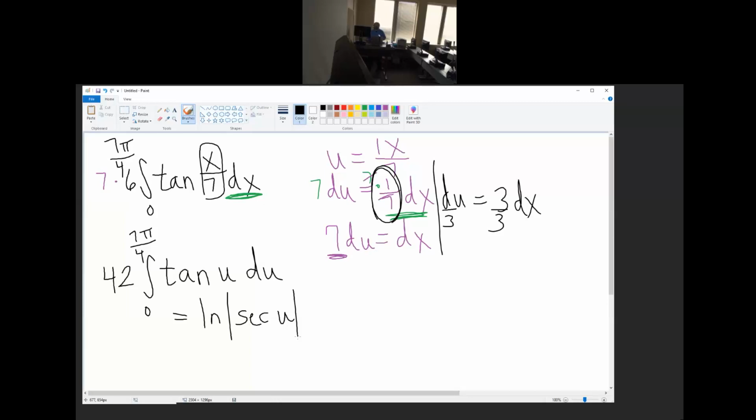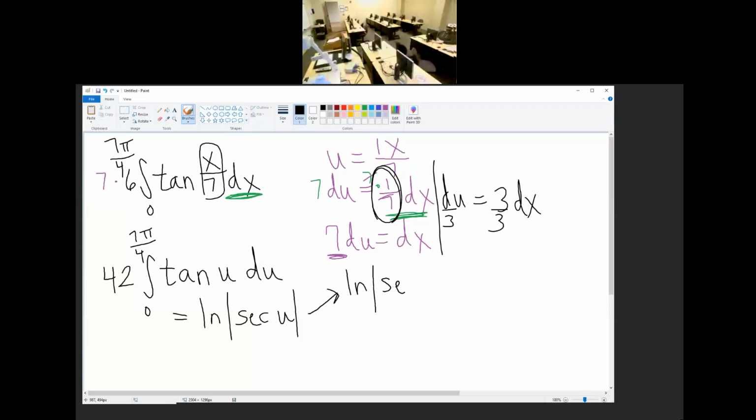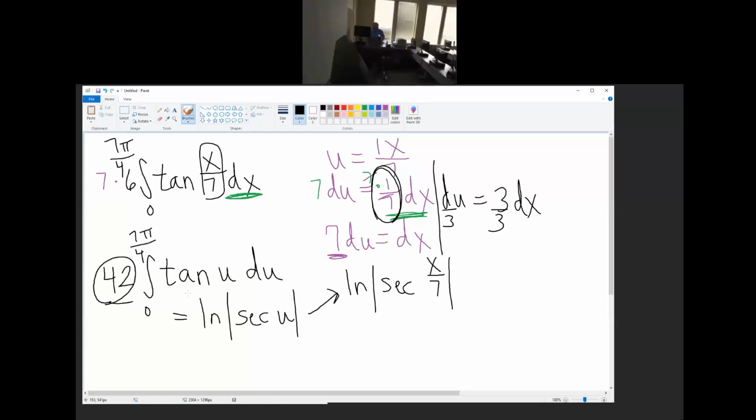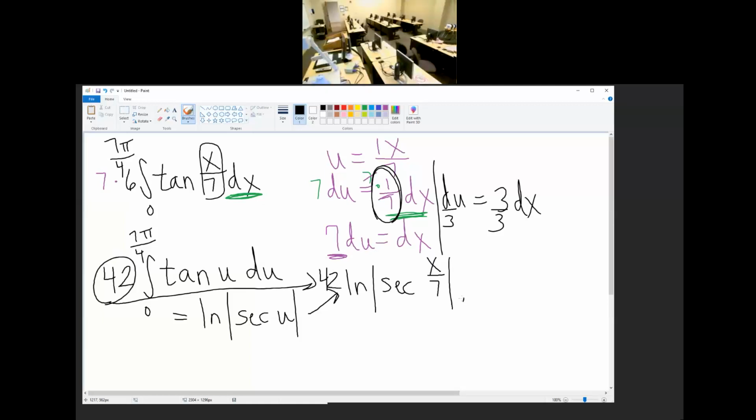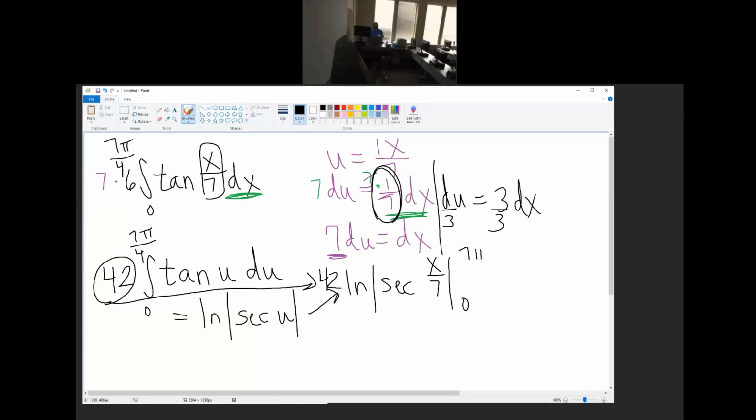So in place of u, plug back in x over 7. Oh, I'm sorry. Bring over the 42. And now we're ready to integrate this from 0 to 7 pi over 4.